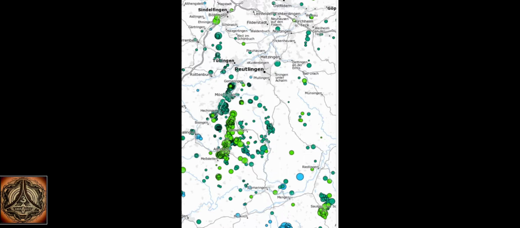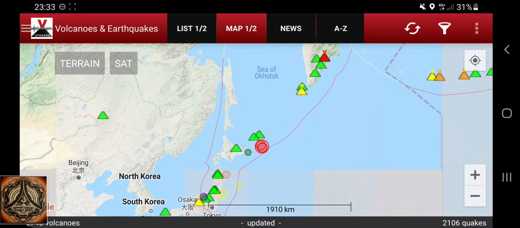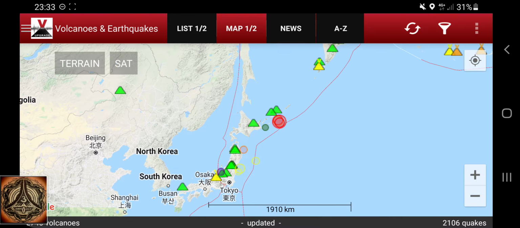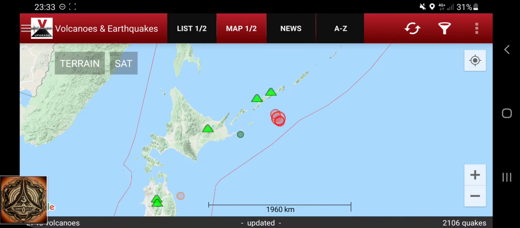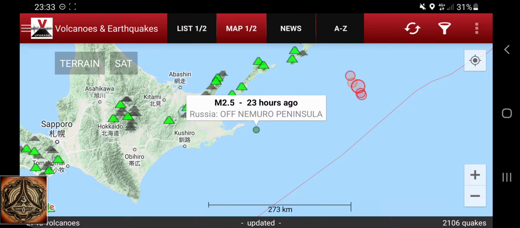But now to something completely different. Earthquakes and volcanoes. Yeah, I think it's safe to talk about them. Maybe. We are somewhere south of Kamchatka.